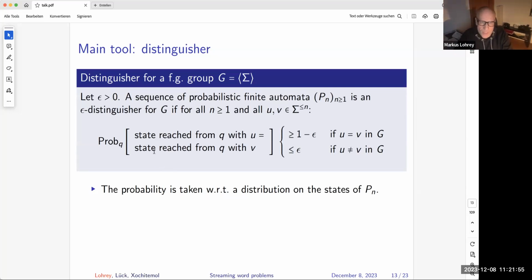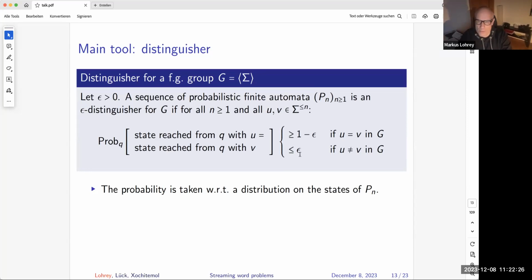And what is the event that I consider here? The event is that the state reached from the initial state q with the word u is the same as the state reached from the initial state q with input v. And now this probability must be large, namely at least 1 minus epsilon, if the 2 words u and v are the same in the group.